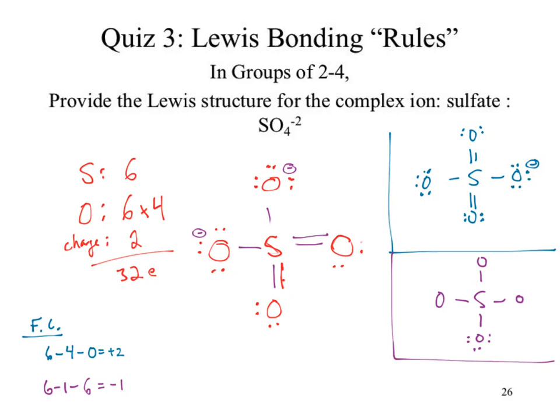Shape could be different. Don't accept shape. I didn't have to use those electrons. I could have used electrons from any two of the oxygens, which means there are lots of different ways that I could have drawn the structure for sulfate.